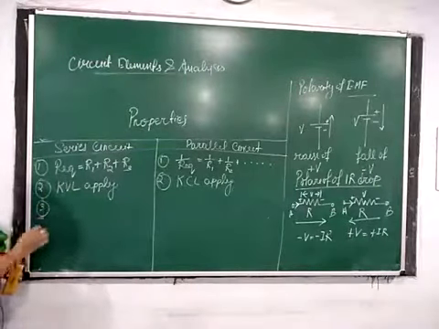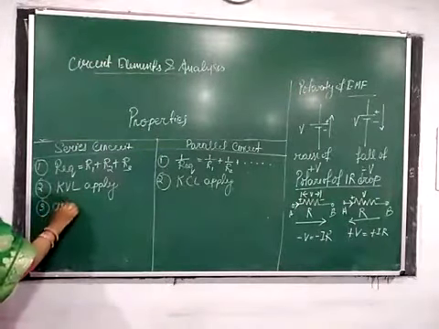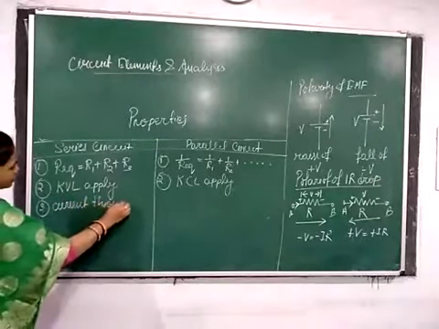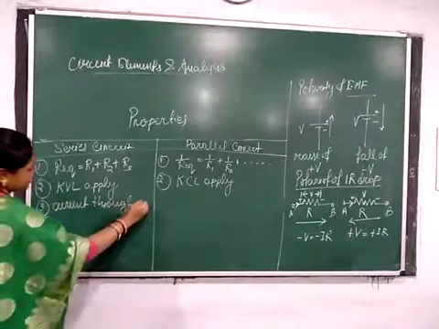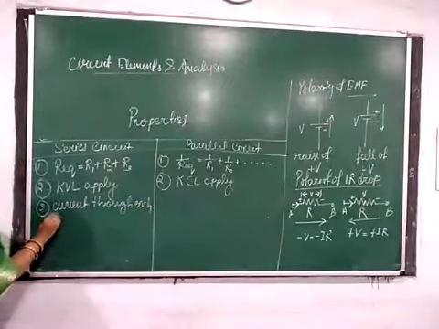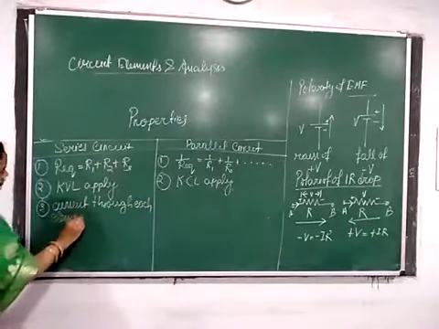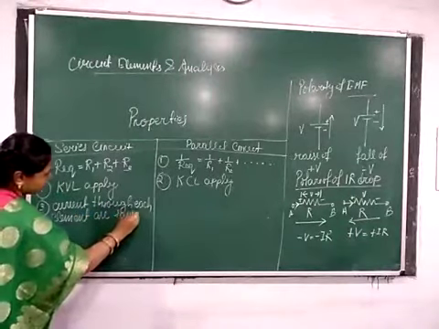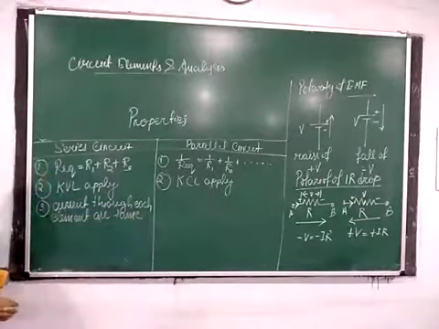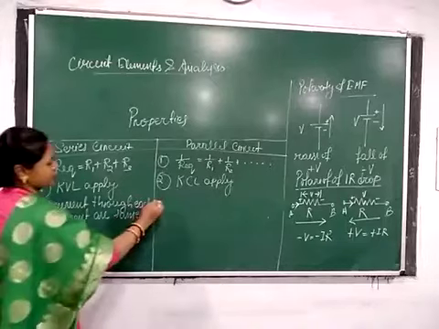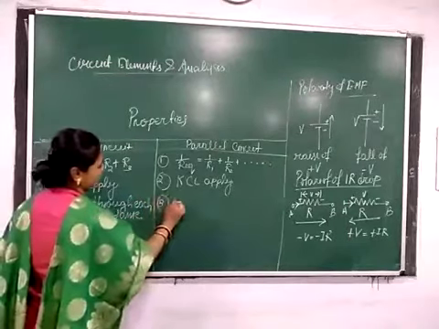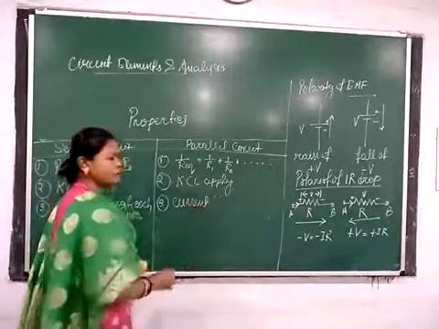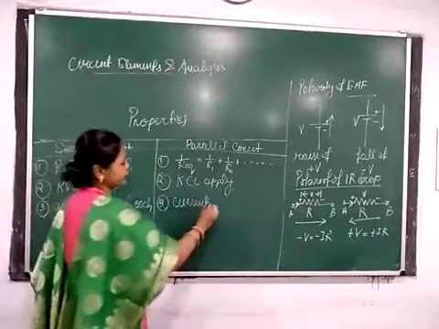In case of series circuit, current through each element is the same. Here, current through each element is different.